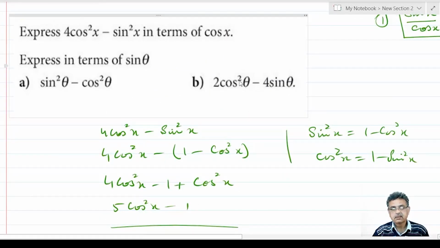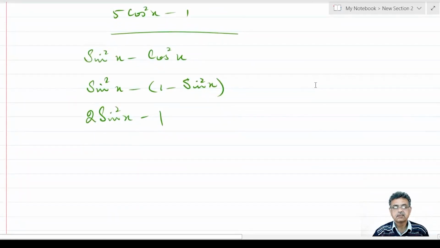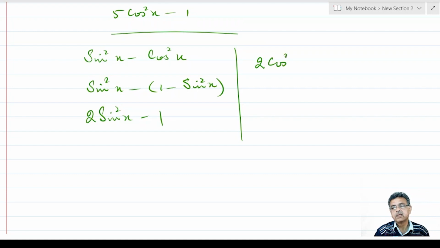Okay, next, this one in terms of sine: 2 cos square x minus 4 sine x. Here you can see that this sine cannot be changed to cos. That's why it is asked to change it to sine, because only squares can be converted from one form to the other, but not without square.